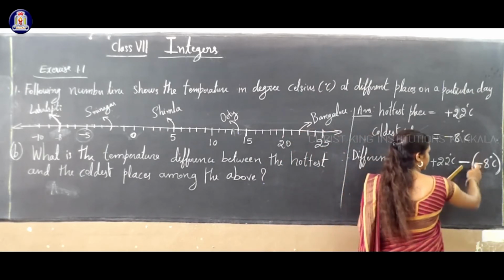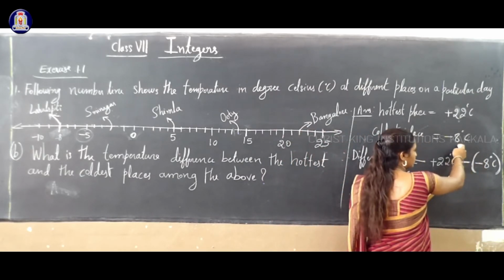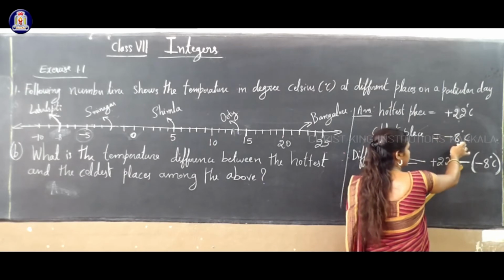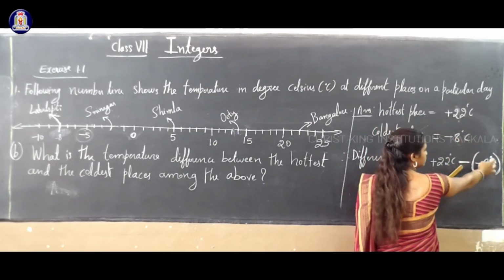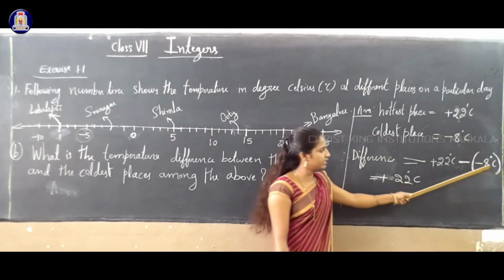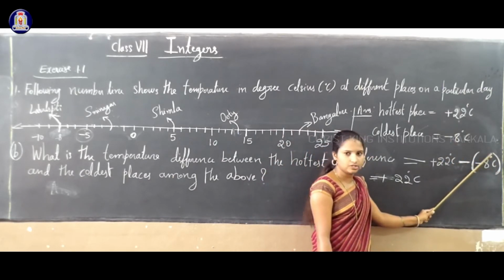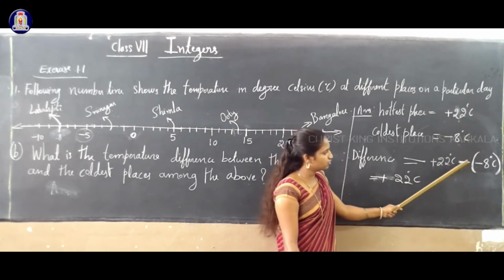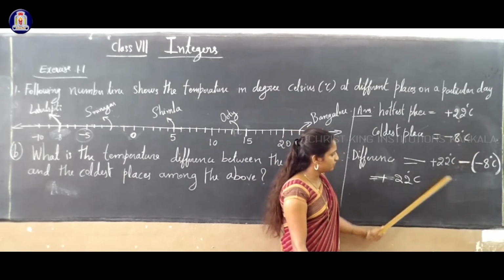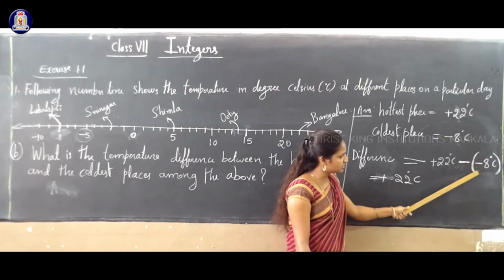Which one do we have to subtract? The coldest place. Which is the coldest place? Lahaul Spiti. The temperature is minus 8 degrees Celsius. So this minus 8 degrees Celsius must be written in the bracket. Clear? Now to solve this, you have to remove this bracket.